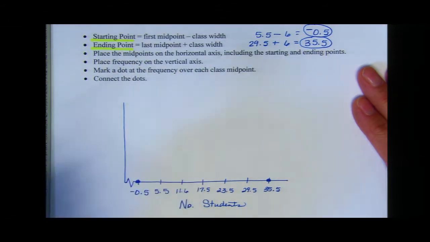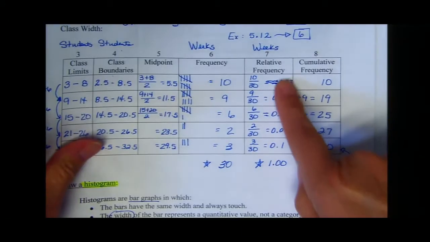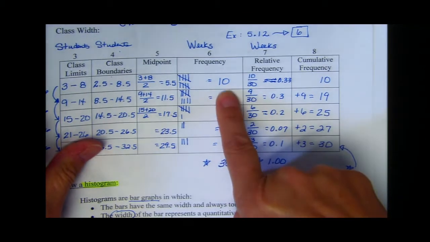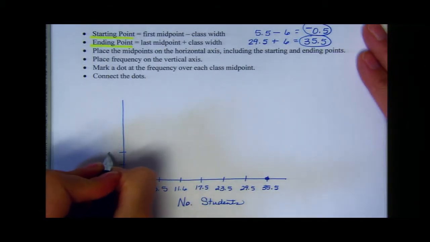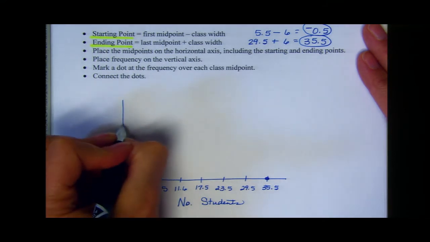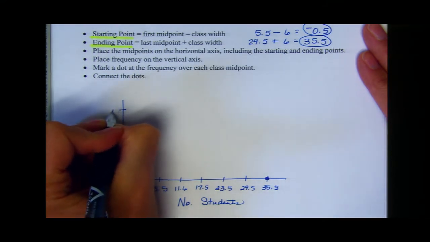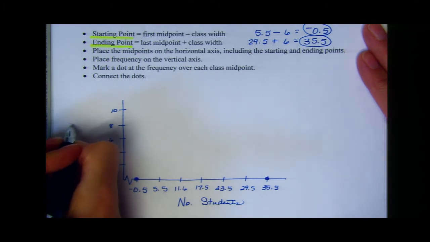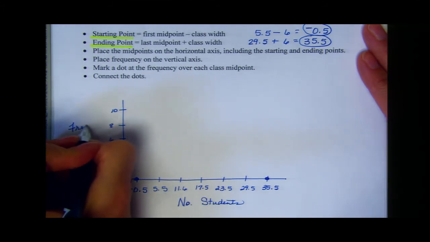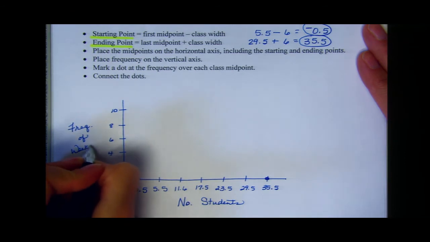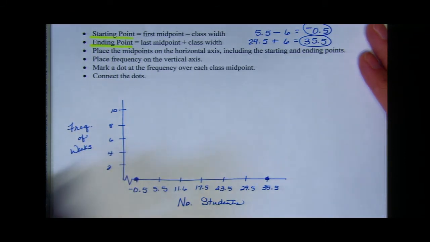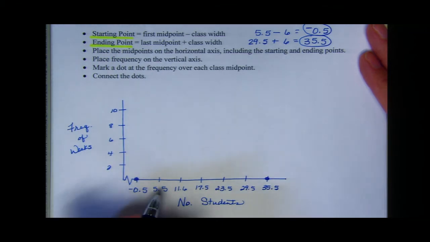and then place frequency on the vertical axis. So not relative frequency, I'm going to go back to frequency, which is 10. So I'm going to go by 2s. And that is frequency of weeks. So we're going to mark a dot over each midpoint.